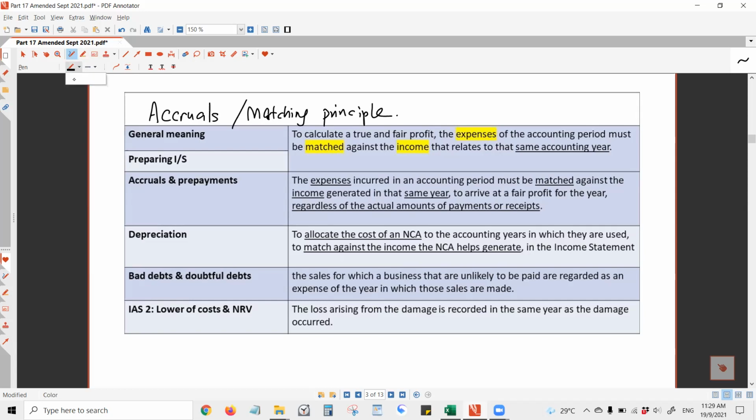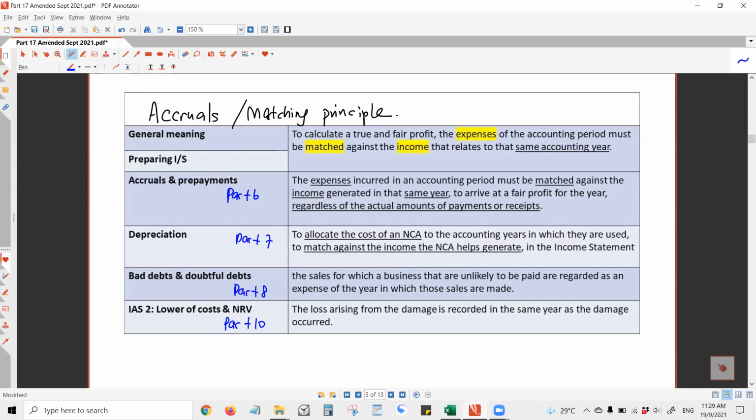You saw it in part 6, part 7, part 8, and part 10. That means this topic is widely applied throughout the whole subject.